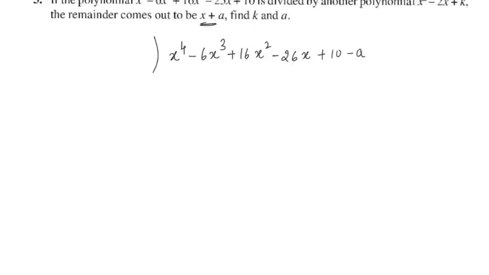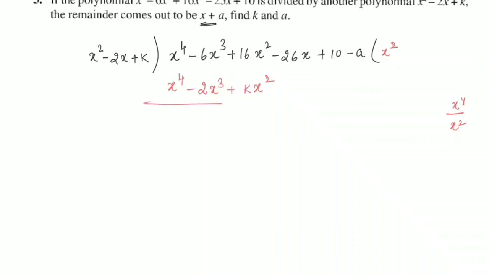Now divide this with x square minus 2x plus k. First, x to the power of 4 divided by x square, you get x square. Multiply: x to the power of 4 minus 2x cube plus kx square. Change the sign, minus, plus, minus.